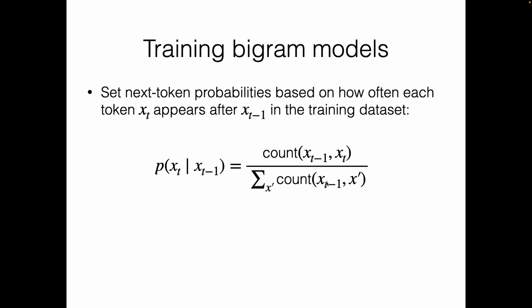Then in the denominator, you have the token xt minus 1 followed by all the different next tokens in your data set. Doing that, you get this estimate of the probability of xt given xt minus 1. So it's really just counting and looking at the frequency of xt following xt minus 1.